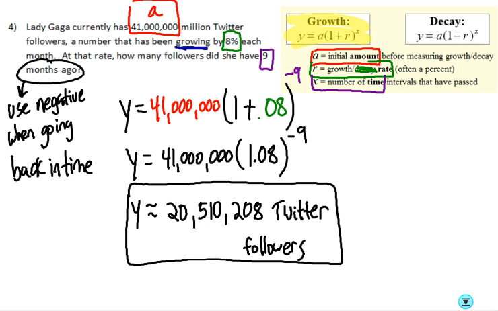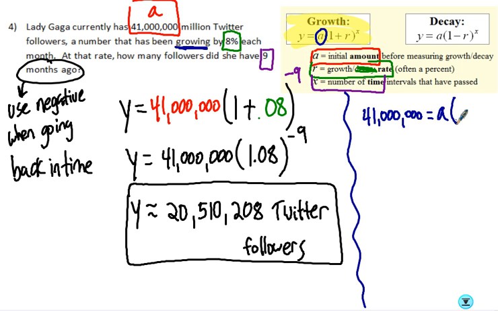There's another way that you could set this up, and you don't necessarily need to write this down. I'm just mentioning this because you may be coming from a teacher that showed you the other way, so I wanted you to know that way works as well. The other way to set it up is to say that where I'm at now is 41 million, and I'm looking actually for A, the initial amount, and then I know it's 1 plus 0.08, and then that would be to the positive 9, right?